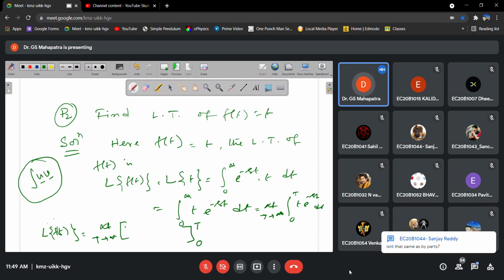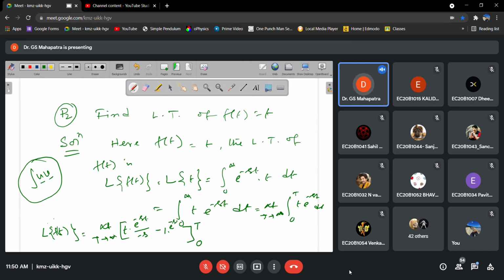So t into the integration of e to the power minus st, which is e to the power minus st by minus s, then minus the derivative of t, that means 1, times again the integration of e to the power minus st, which is e to the power minus st by minus s into minus s, so minus s whole square.